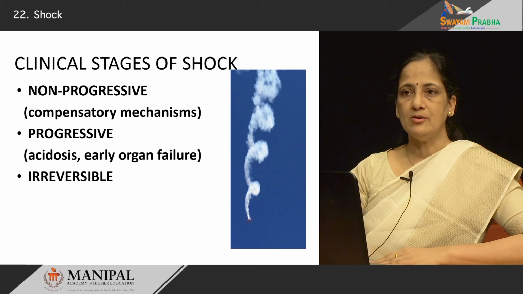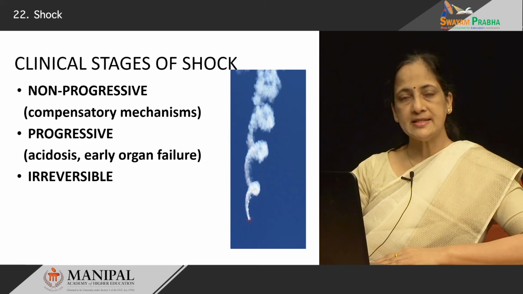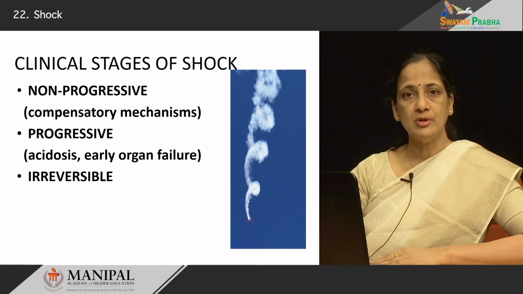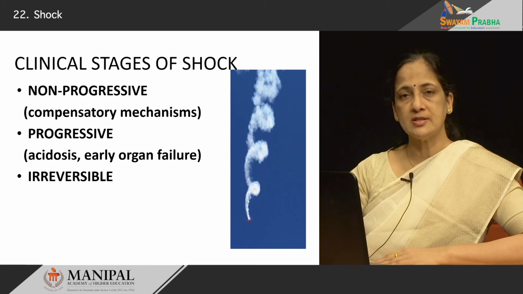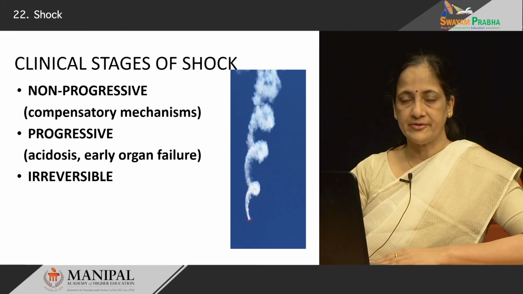So, you will see now that when a patient is developing shock, initially there are compensatory mechanisms coming into play, and therefore it does not progress at that point. If the condition is recognized, the patient is treated and the causative factor is dealt with, probably that patient will survive.